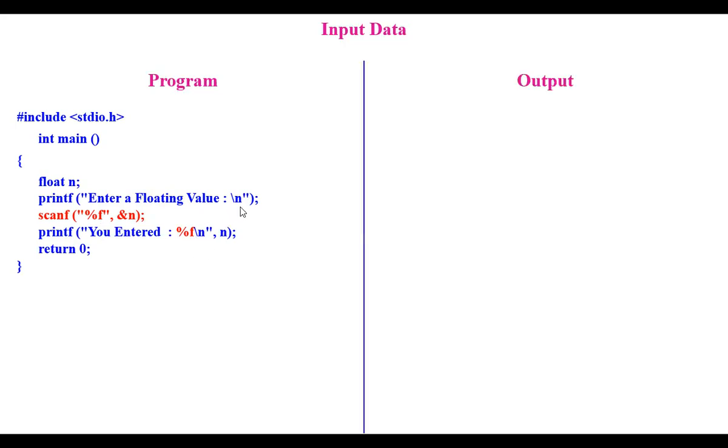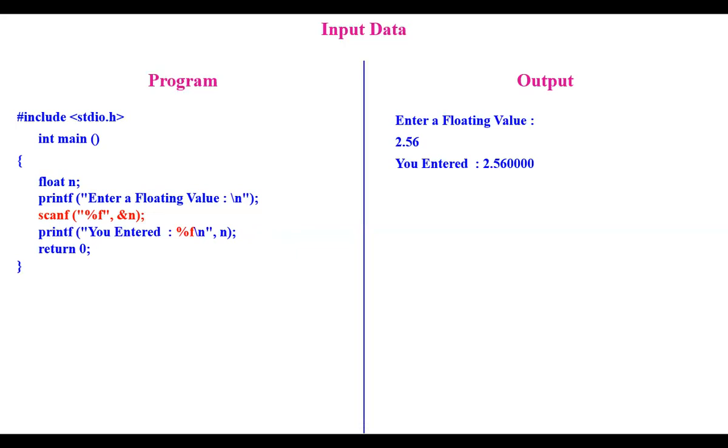It is asking to enter a floating value, right? We have entered 2.56. It displays, you entered 2.56, and we know that after the decimal point it displays 6 decimal places, because it is a floating value.